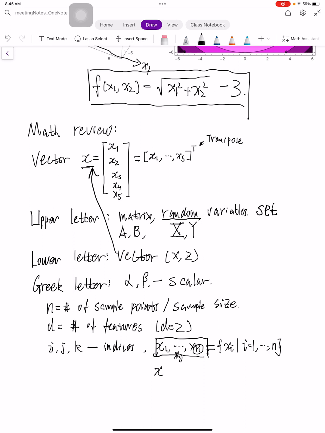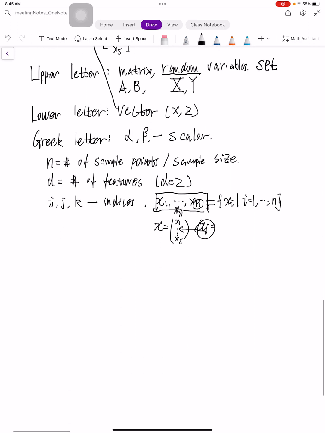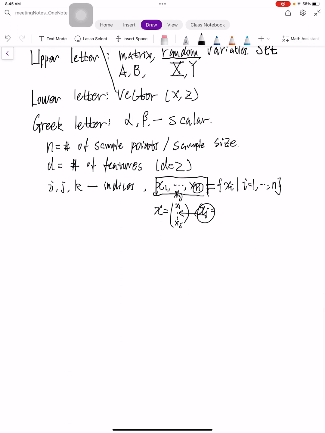Or you have the feature space x1 to xj, where j could denote the number of features. Also, we have some functions. Usually we use f and g to denote functions.